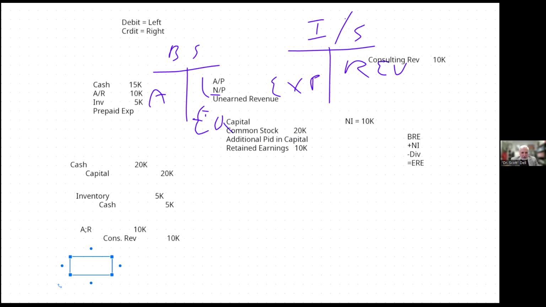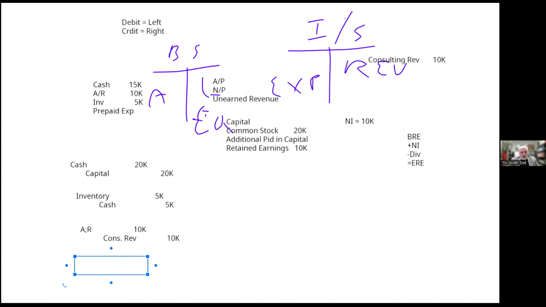Let's go back here. Let's clear that up. Okay, so I got 10K. And the other side of the transaction is 10K. So what happens? I got paid. How did I get paid? I got paid in cash. We'll take the money and run.